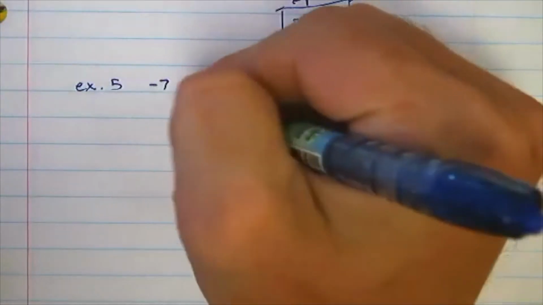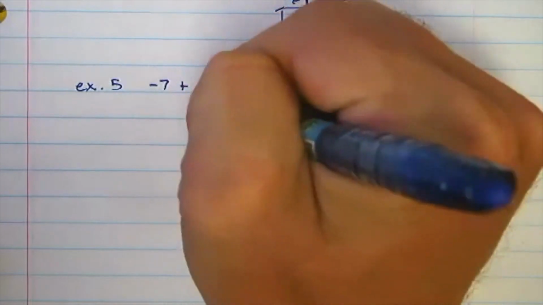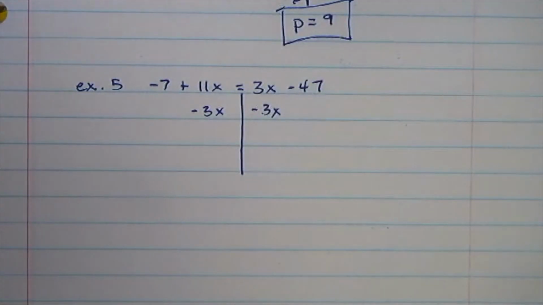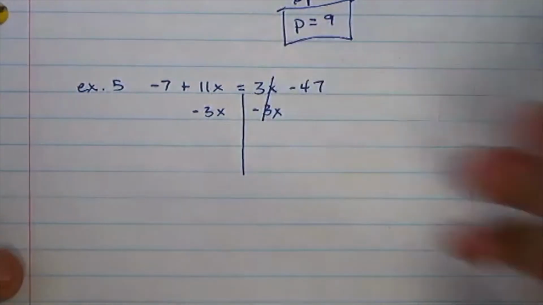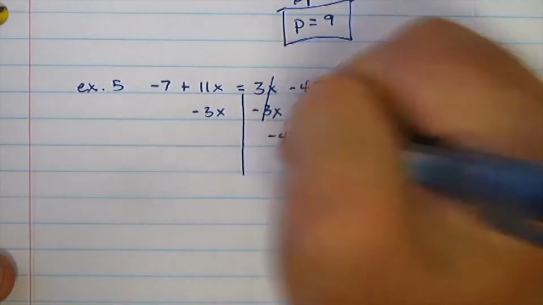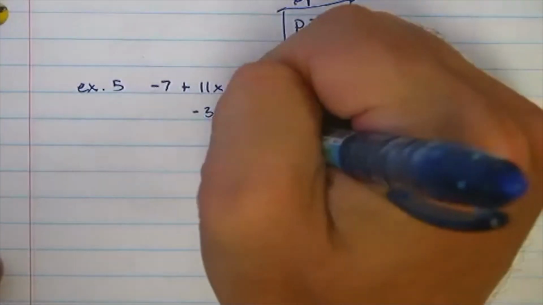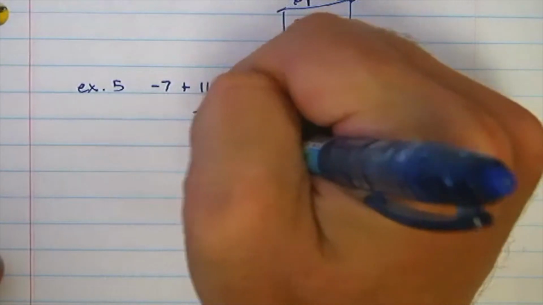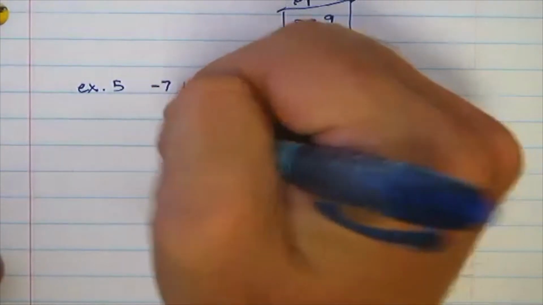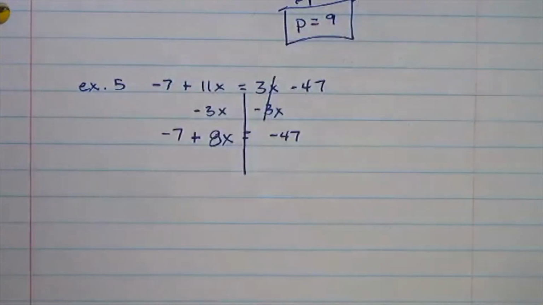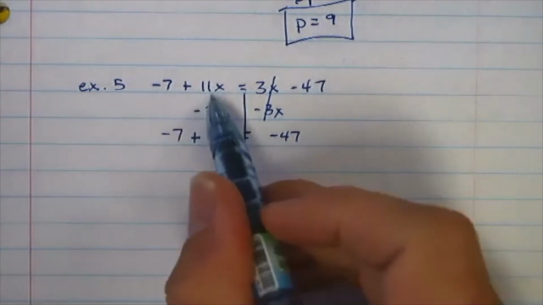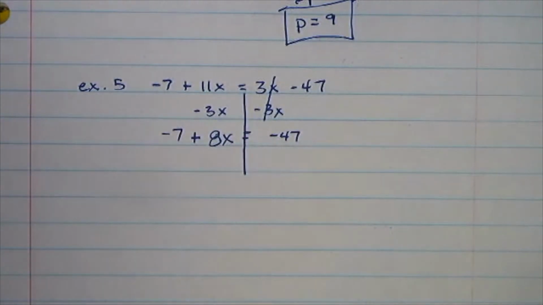If for whatever reason it's not there, we'll deal with that at another time. But so these two cancel out. That was the whole point. We got -47. All right. And over here we've got 8x and -7. I didn't touch that. It's still a positive 8x because positive 11 minus 3 is 8.